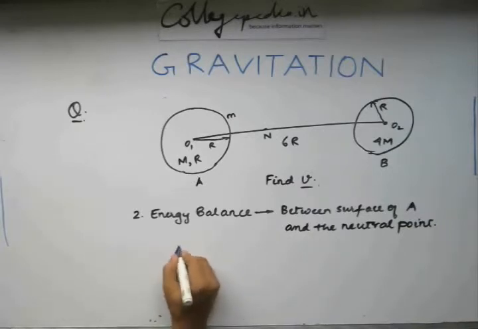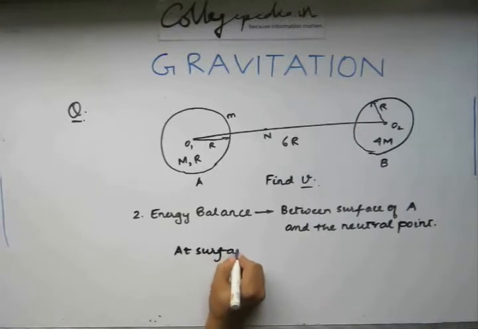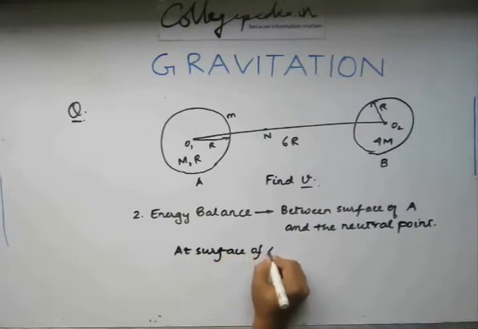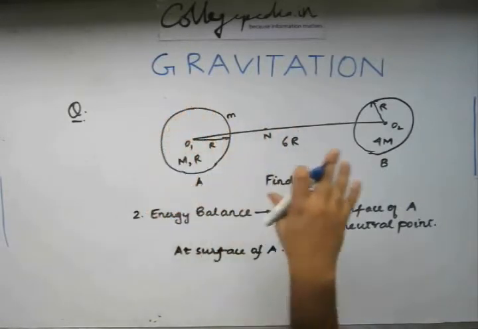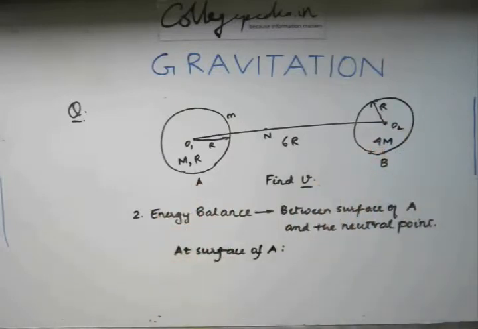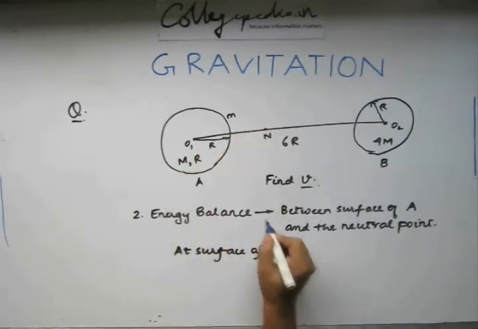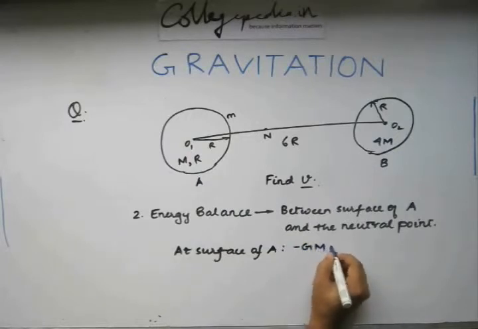At the surface of A, the body is going to have some potential energy due to this mass, some potential energy due to this mass, and the kinetic energy that we provide to this body for it to reach the neutral point. So the potential energy due to this mass is going to be minus G M m by r.